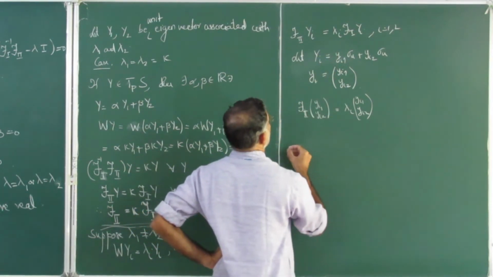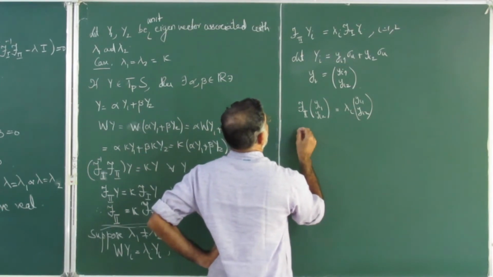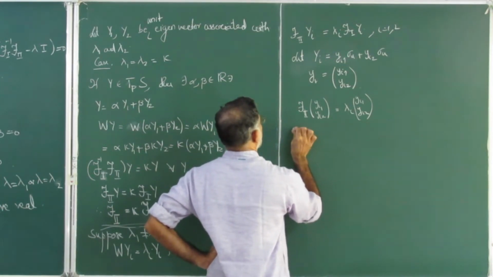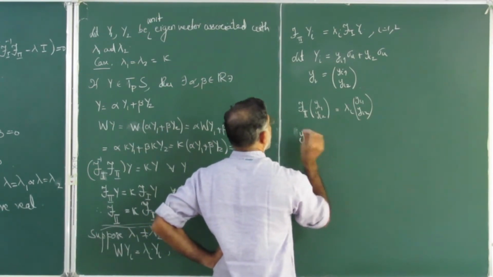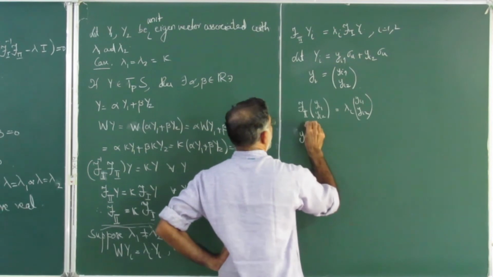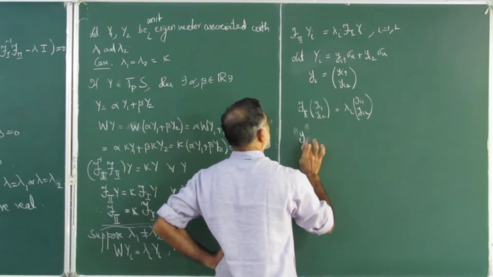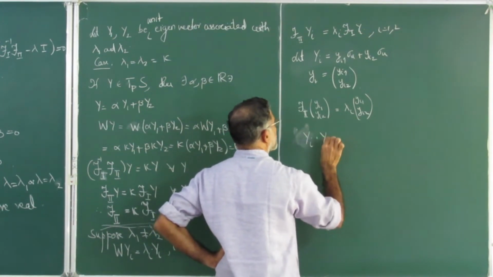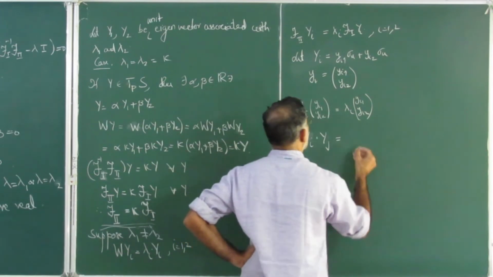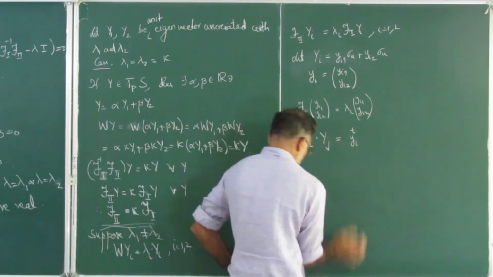Okay, so this is yi. I will take yi transpose y, the other one, yi dot yj, which is actually equal to yi transpose yj.